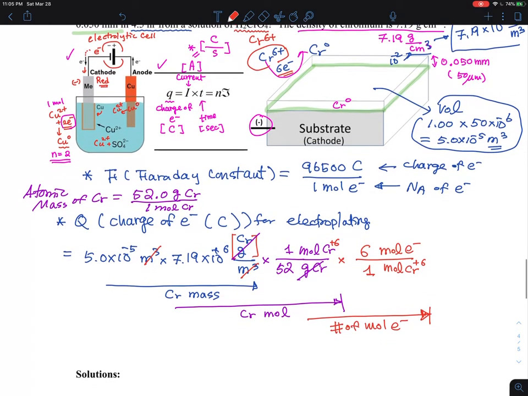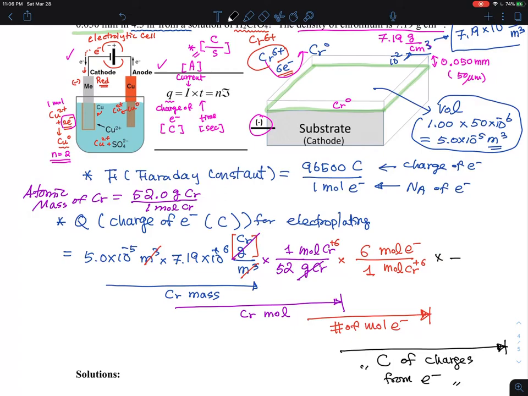And then at the end, what do I really need? Now, my final punchline is, hey, I want the coulombs of charge from that many electrons, right? And the answer can be found out.